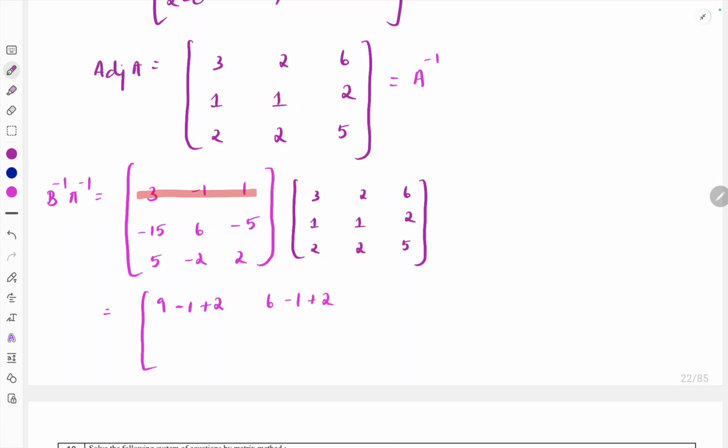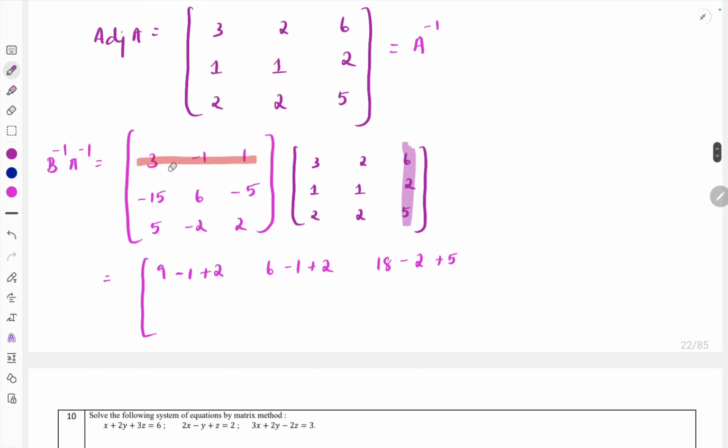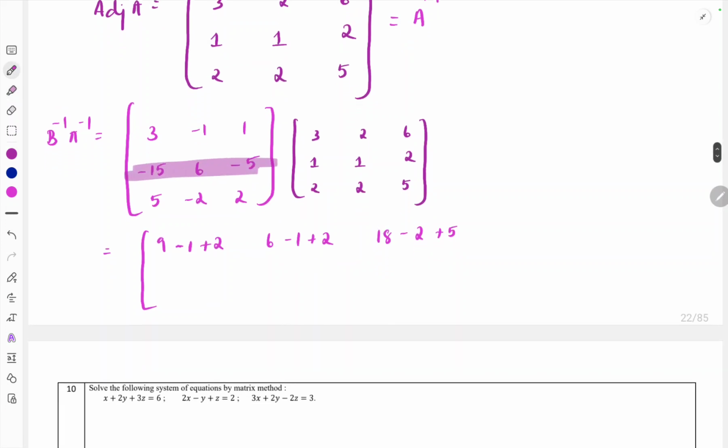Next first row with third column, this one. So it will be equal to 3 6 are 18, minus 1 into 2, so minus 2 plus 5. And next second row, we have to come to the second row now. So now second row we have to fix. Second row first column, so minus 15 into 3. So 15 into 3 is 45. So minus 45 plus 6, minus 5 into 2, so it is minus 10. Next minus 15 into 2, so it is minus 30.